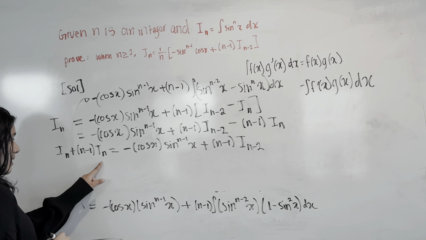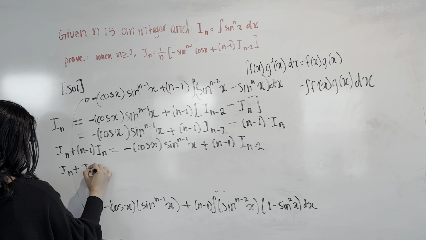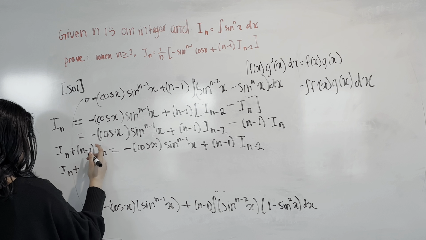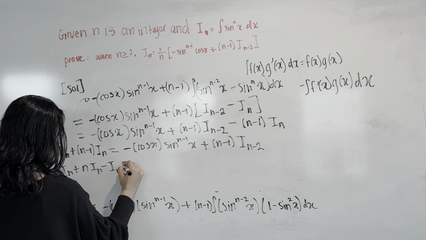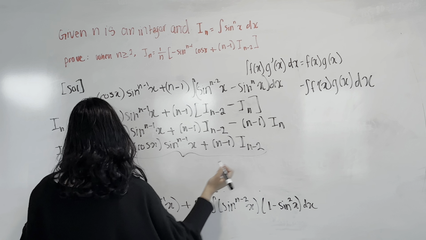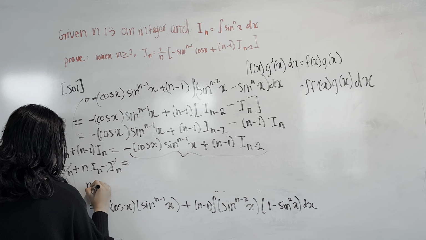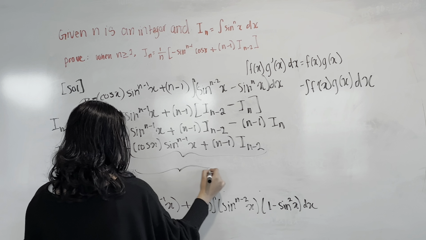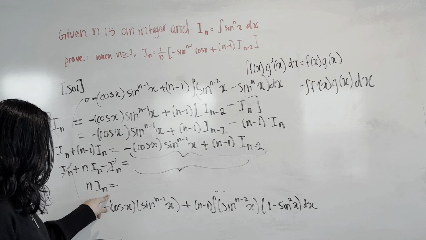Alright, now time to simplify this. Everything on this side simply stays the same, and this gets canceled out. We have n times I n is equal to everything here. And in order to isolate I n, we need to divide both sides by n.